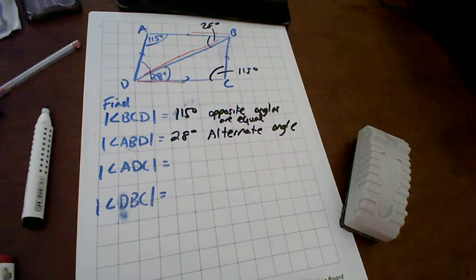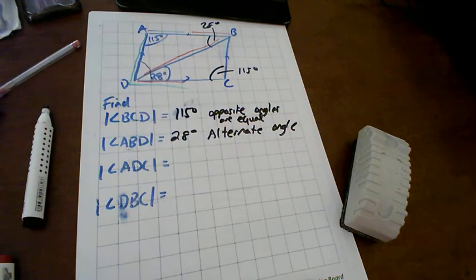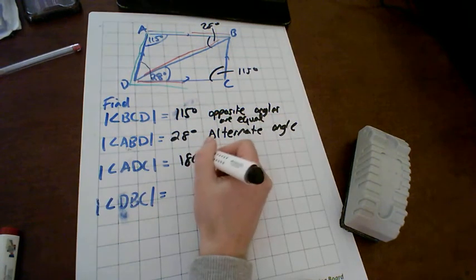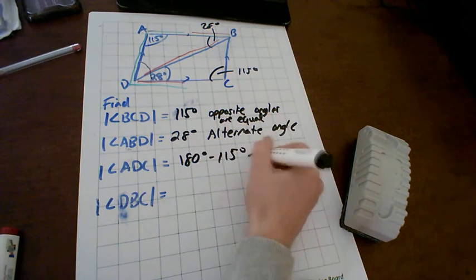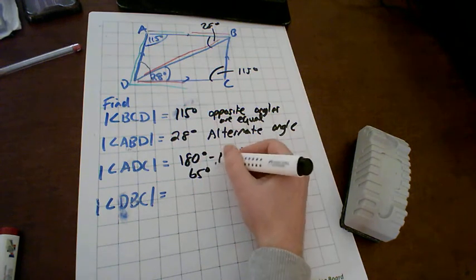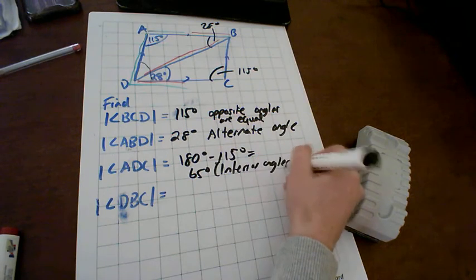I'll do it in green actually. You can see that there's a sort of C shape. Those two angles should add up to 180. So we can do 180 degrees minus 115 equals 65 degrees, and that is interior angles equal 180.